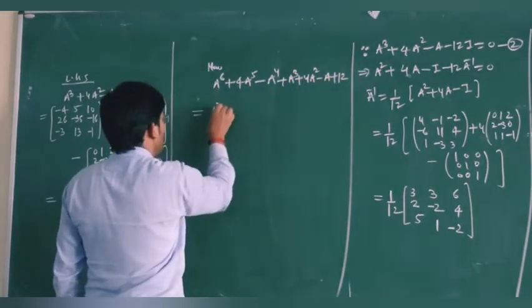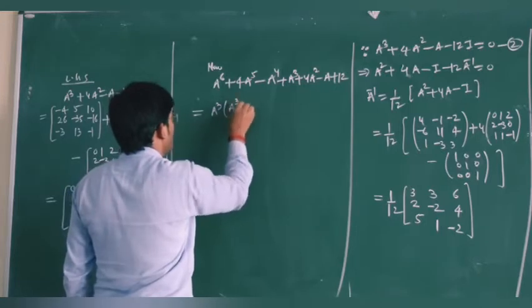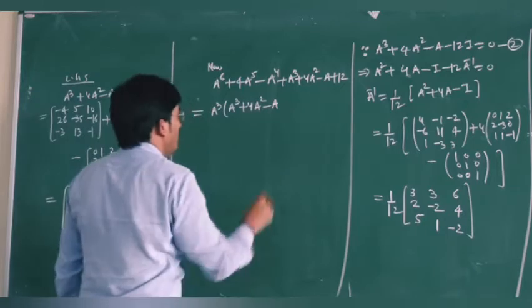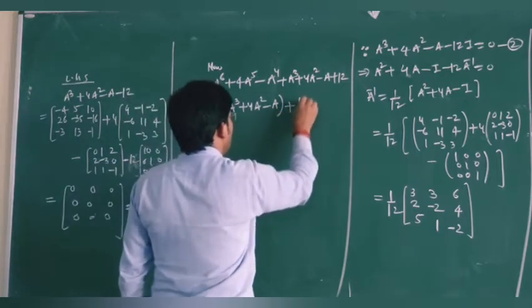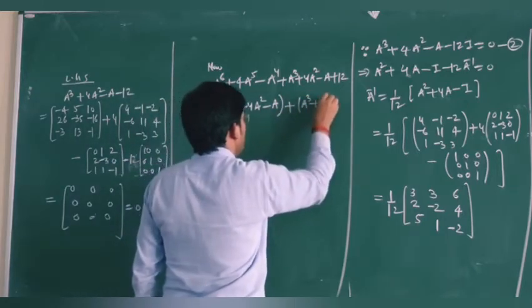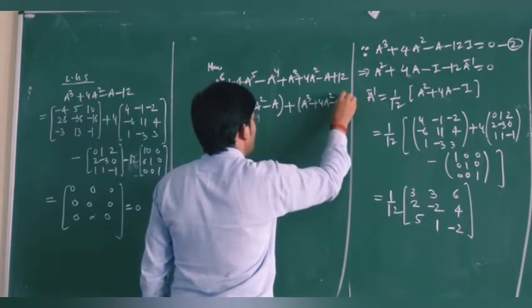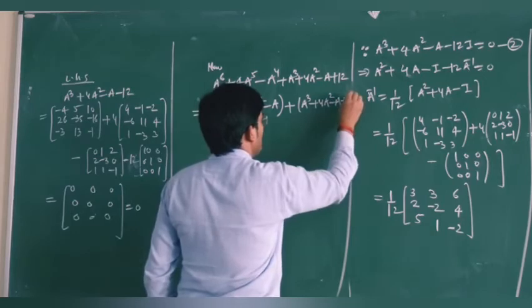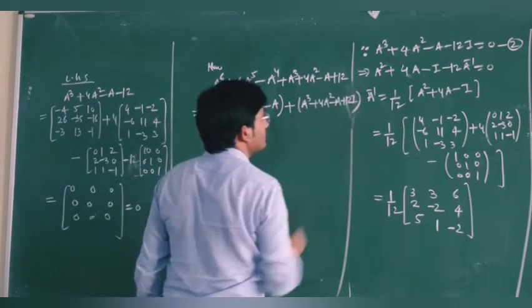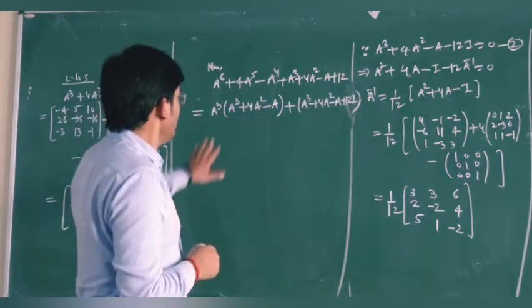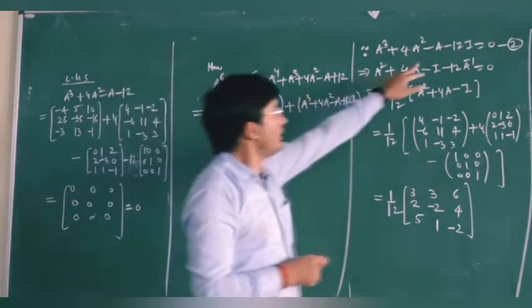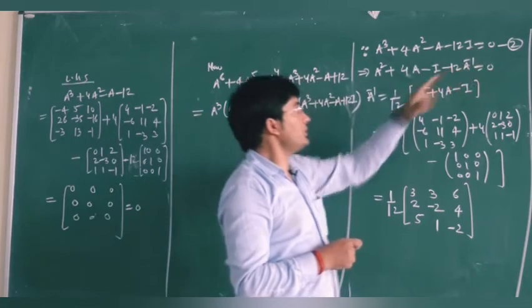So if you take a^3, then this will be your a^3 plus 4a^2 minus a. Now then we have again a^3 plus 4a^2 minus a plus 12I. Now again the value of this bracket is equal to 12I with the help of equation number 2.